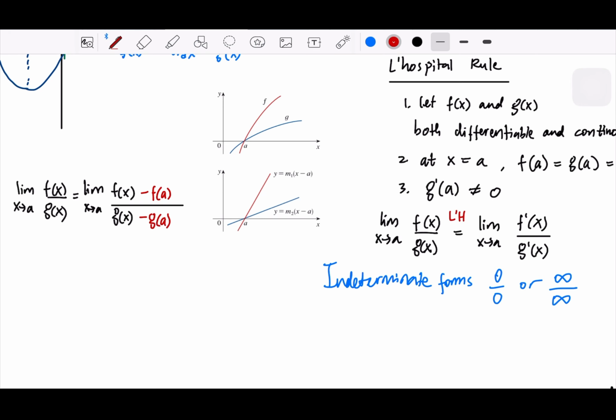Because they both are 0. And we are multiplying by 1 over x minus a and 1 over x minus a.